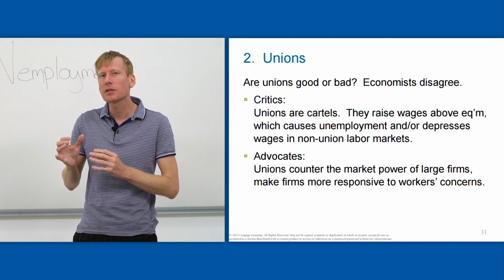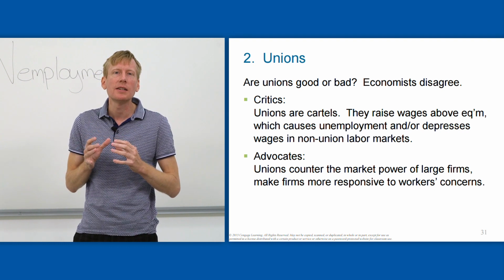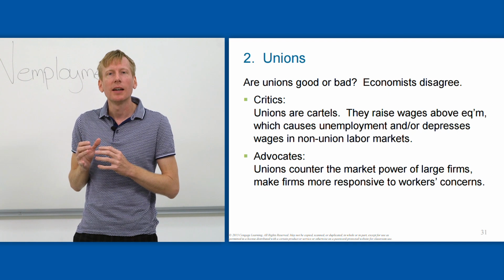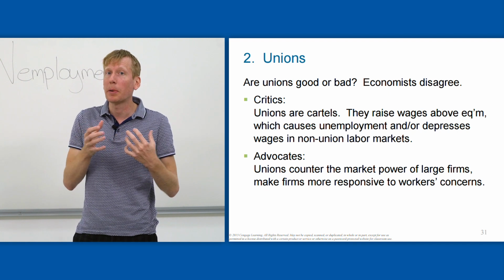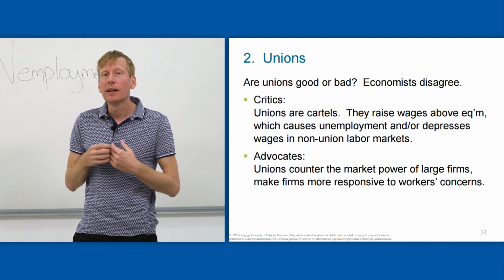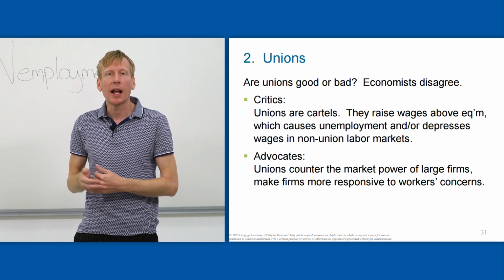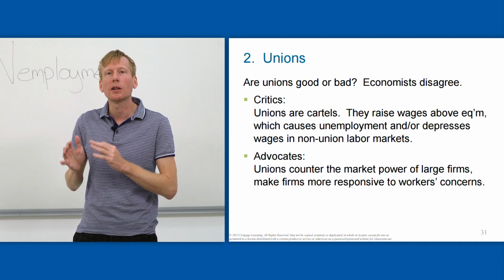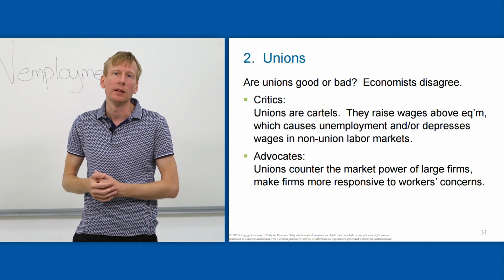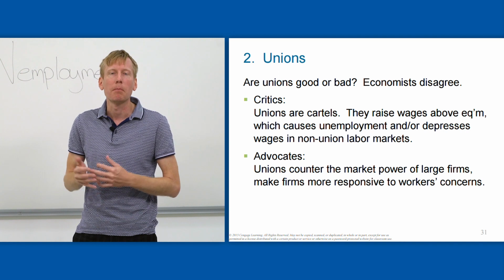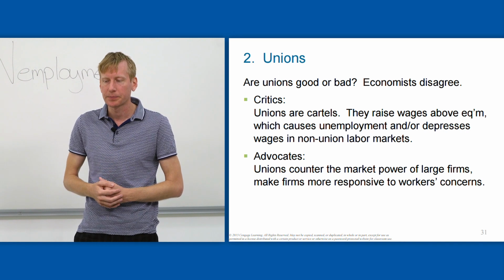In that case, we might also argue that unions in these industries might be necessary in order to have market power on the supply side, alleviate the effects of market power on the demand side, and have a negotiated wage which might be closer to the true equilibrium wage if those firms didn't have monopsony power to begin with.